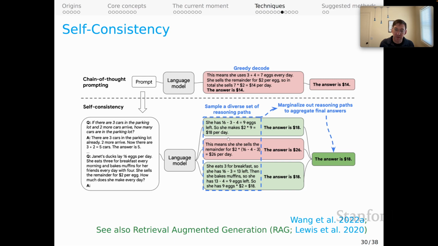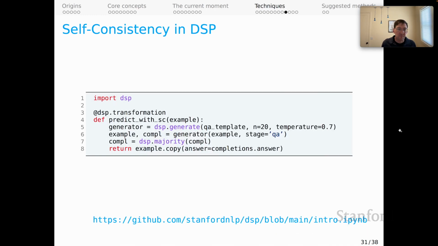It can get expensive because you sample a lot of these different reasoning paths, but the result can make models more self-consistent. And just by the way, in DSP, we have a primitive called dsp.majority that makes it very easy to do self-consistency.